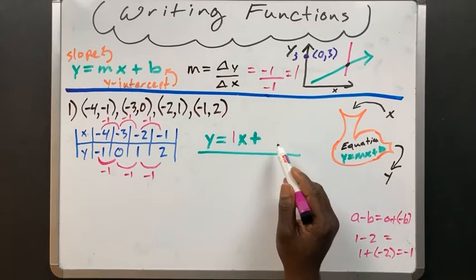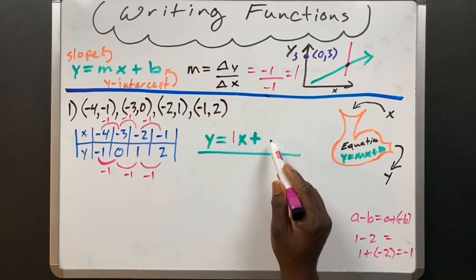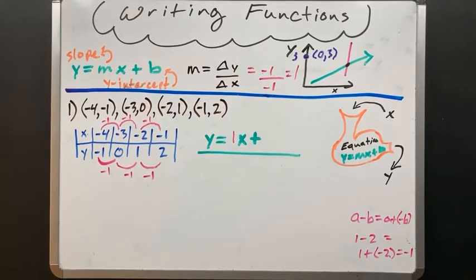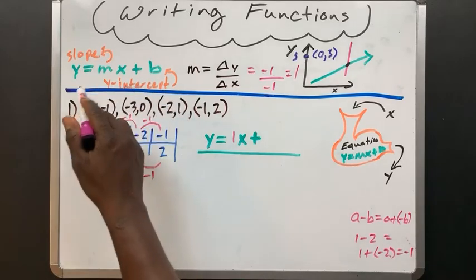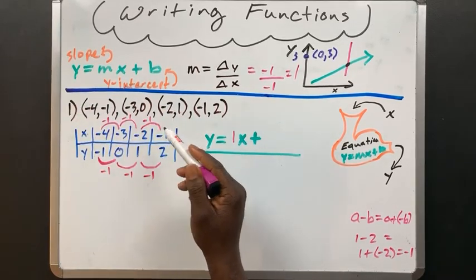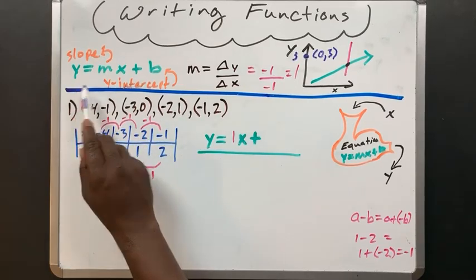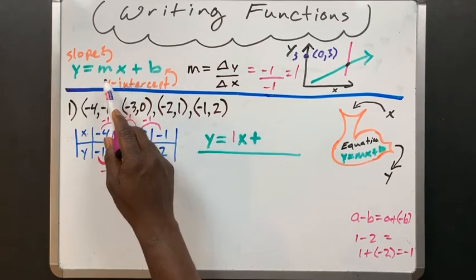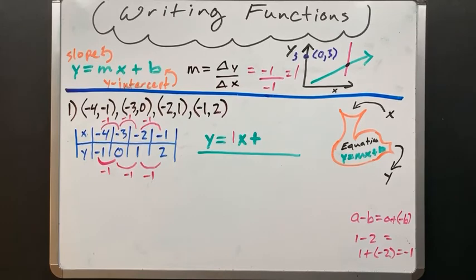So now we need to find the y-intercept, okay? And what we need to do is we're going to take this equation, and we're going to pick one of these points and substitute x and y and the slope m to calculate b, the y-intercept.